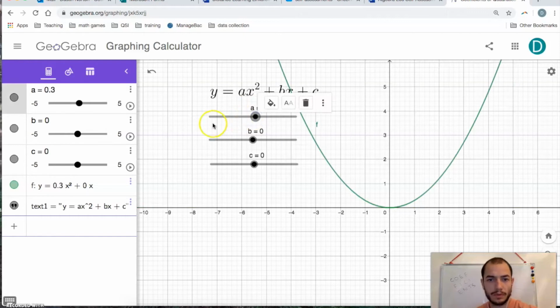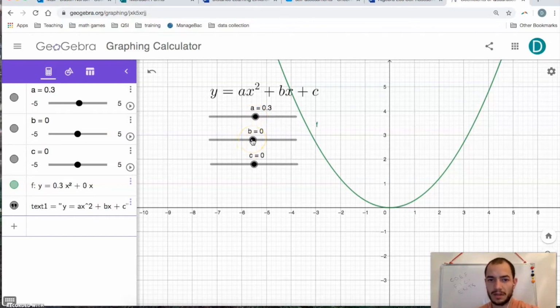Ooh. Okay, so as soon as we have an a that's not 0, we get one of these curved shapes, which in this case is a parabola because we have a quadratic function. So as soon as we make a number that's not 0, we get a quadratic.